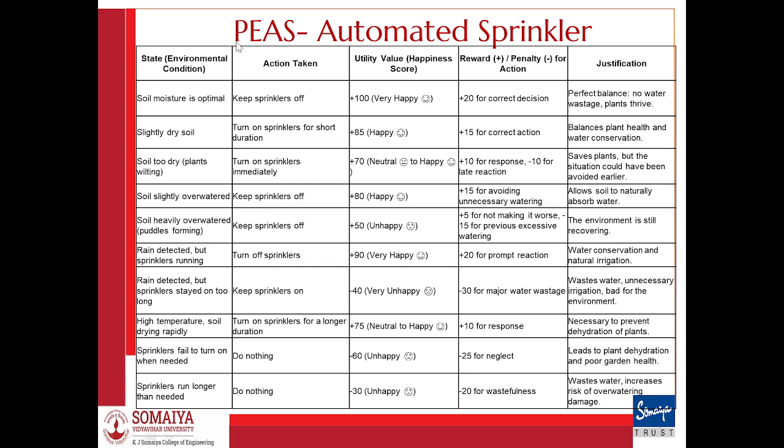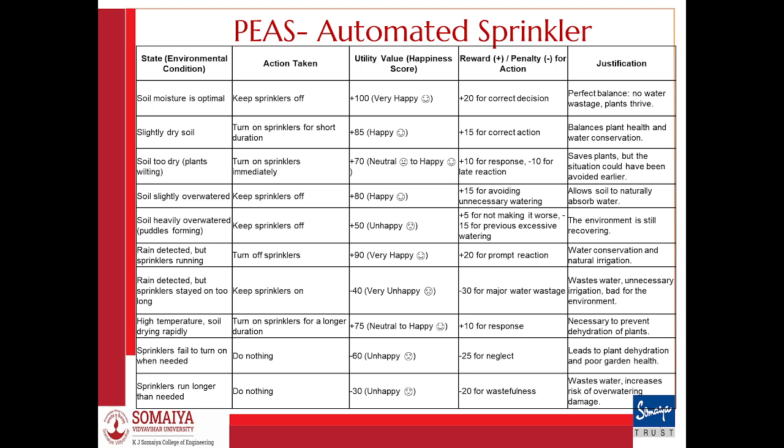Now we understand that the performance measure has to be measurable, and in this case it has to make the environment happy or sad, and the happiness score would be assigned some numerical values so that they can be compared against each other. So for example, when the soil is slightly dry, if the sprinklers are kept on for a shorter duration, it's going to maintain the moisture level.